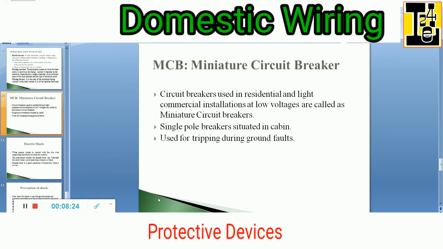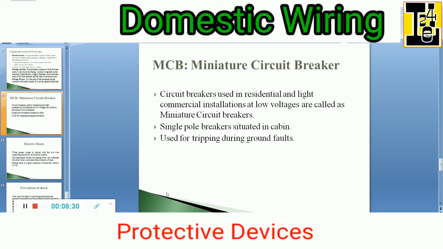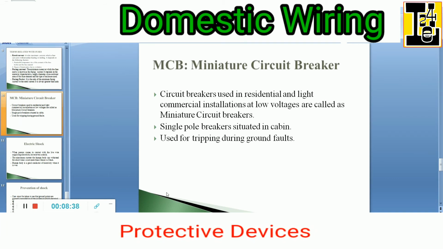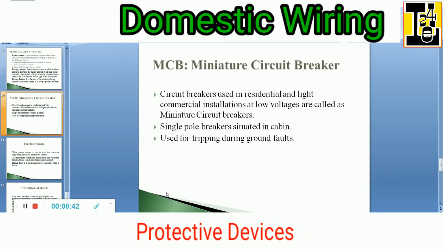MCB, miniature circuit breaker. Circuit breakers used in residential and light commercial installations at low voltages are called miniature circuit breakers. Single pole breakers situated in the cabin are used for tripping during ground faults.